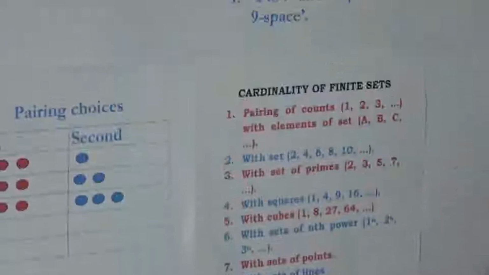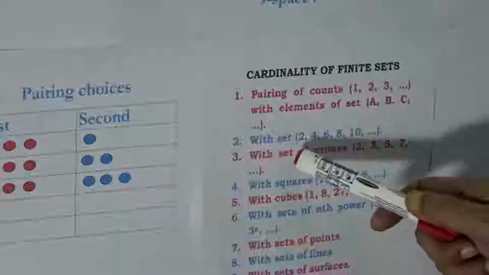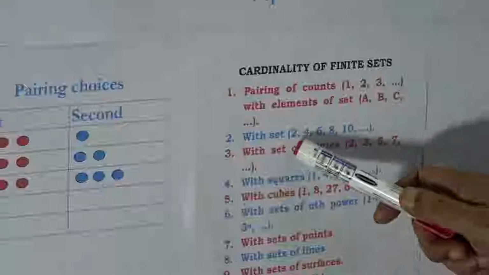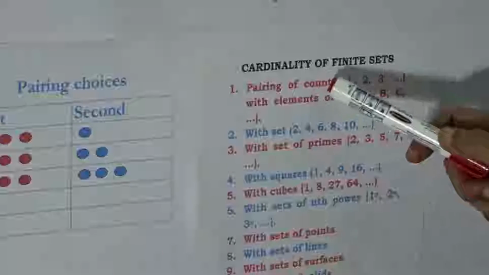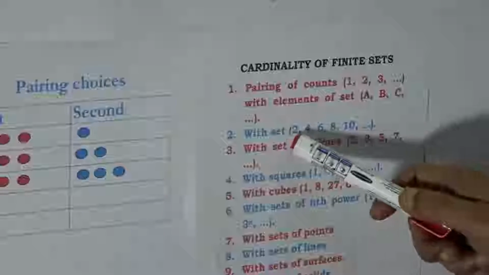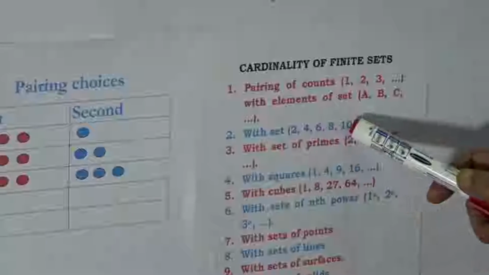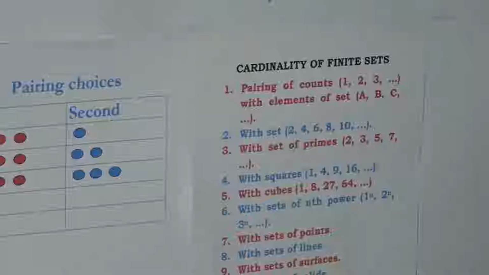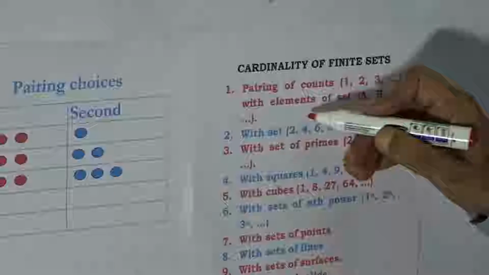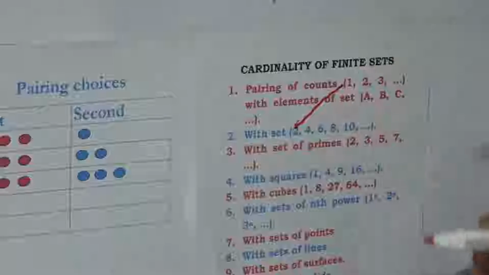A step ahead, we have reached at that if we are having a set with the numbers 2, 4, 6, 8, 10, then we had a pairing of counts 1, 2, 3 with this set 2, 4, 6, 8, 10 by having an association of value 1 with value 2, or a count 1 with a count 2 here.